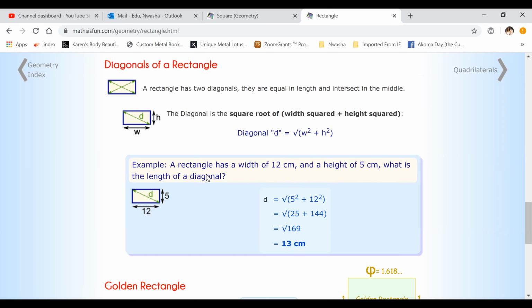So here the width, it says, is 12 centimeters. So you're replacing the W with 12. The height is 5 centimeters, so you're replacing the H with 5. And then you're back to doing the order of operations again. So this is why that is one of those foundational skills that we practice, because it keeps coming back up, right?